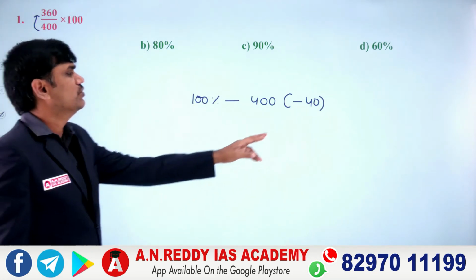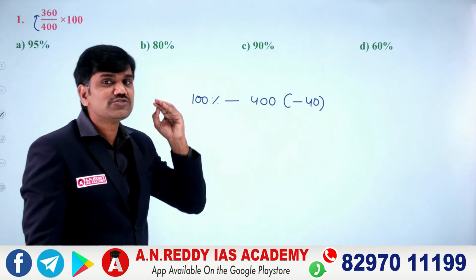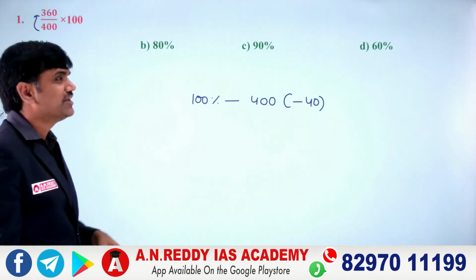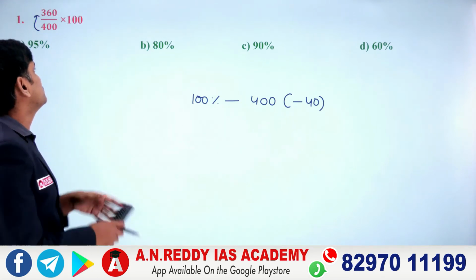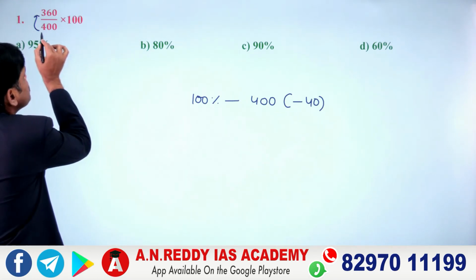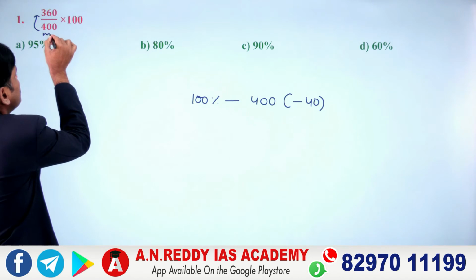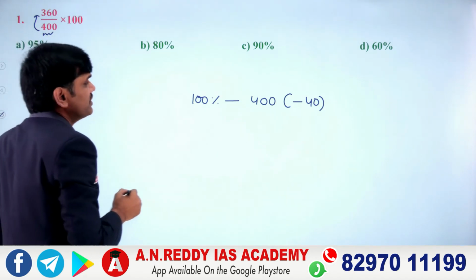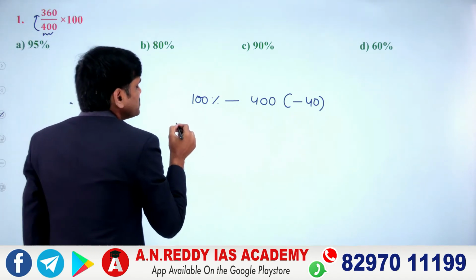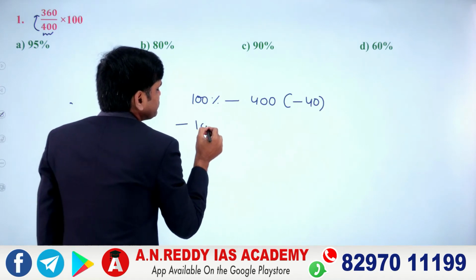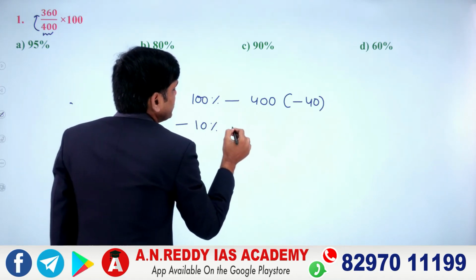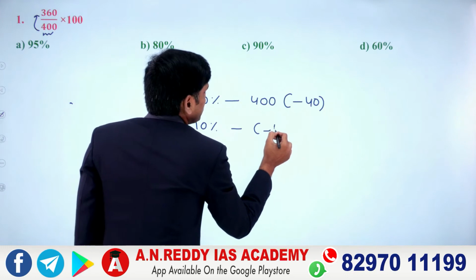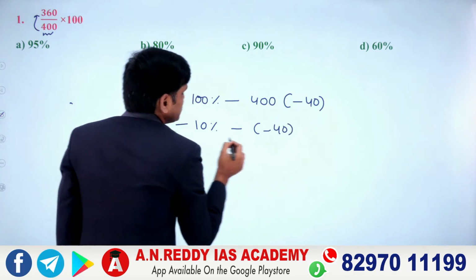Whatever we have to remove, you check what percent of the denominator it is. That 40 is what percent of 400 here? That 40 will be 10%. Which means if you remove 10% from this, you will get the target, that is 360.